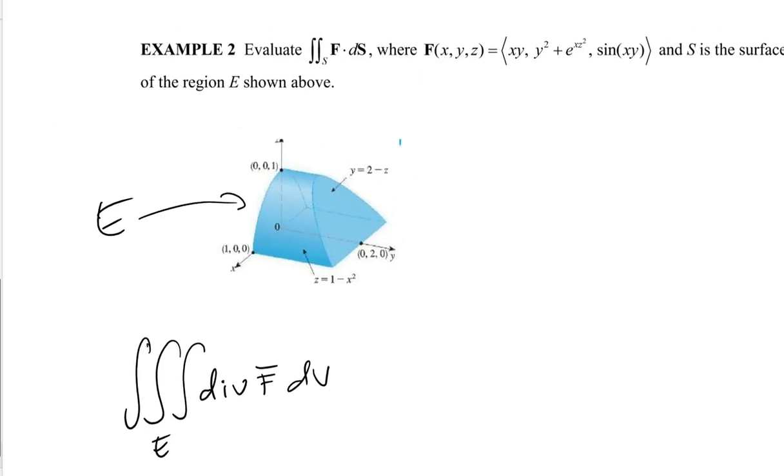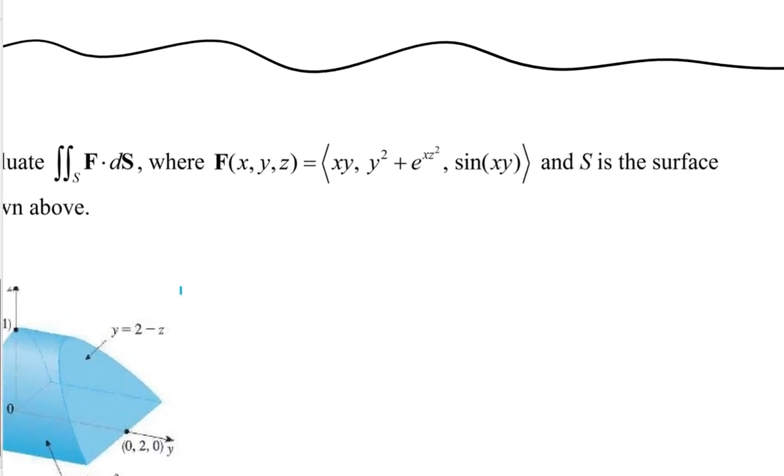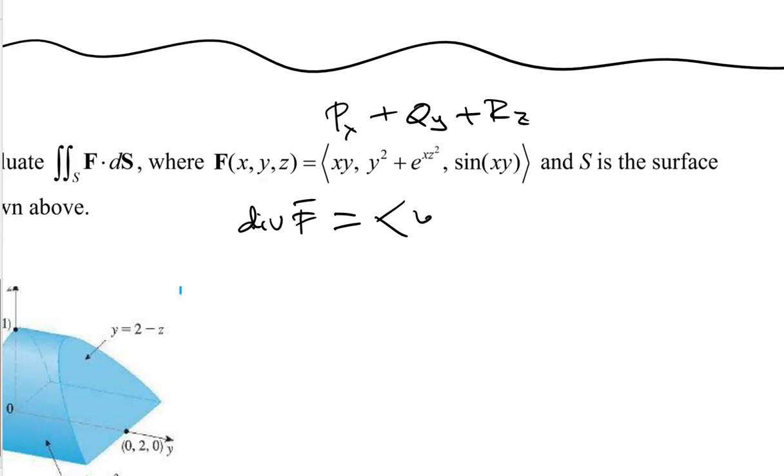All right, let's figure out the divergence of F first. The divergence of F will be P sub x plus Q sub y plus R sub z. So divergence of F, you tell me. y plus 2y, and that's it.